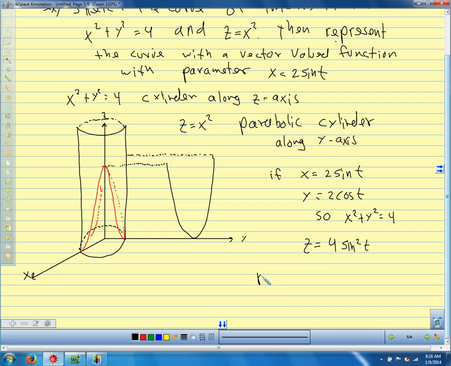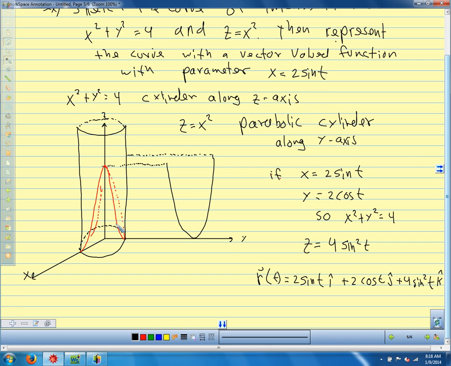Our vector valued function for the curve of intersection is going to be r of t equals 2 sine t i plus 2 cosine t j plus 4 sine squared t k. And that would be a vector valued function for this curve of intersection.